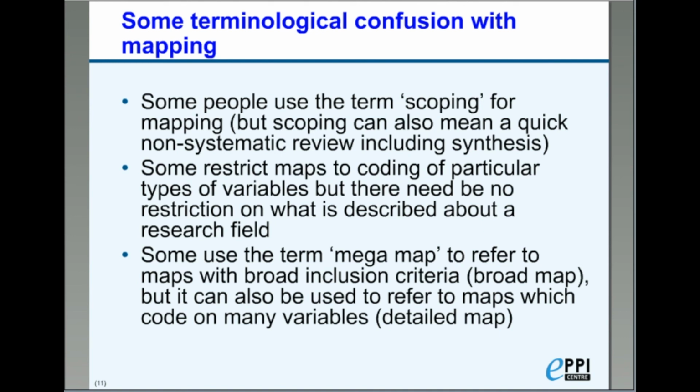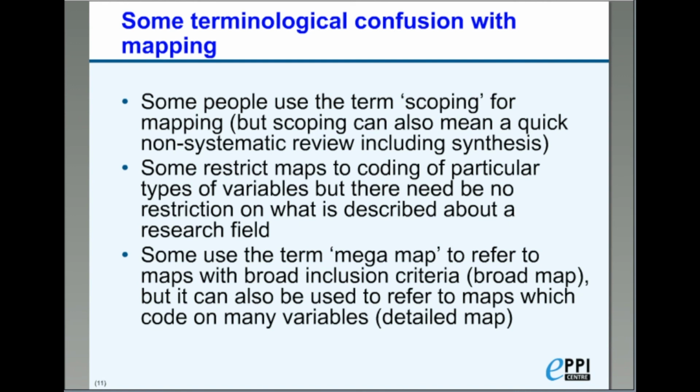And the first thing to say is that we hope that when people are doing maps, or maps that they describe as scoping, that they're being systematic. You wouldn't want to have a non-systematic map. You wouldn't want to have a non-systematic scoping map.